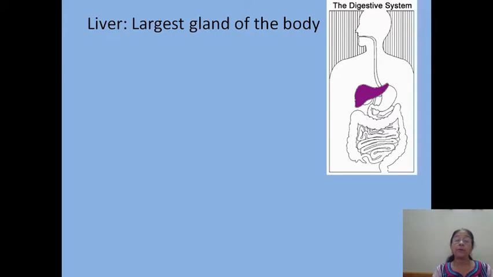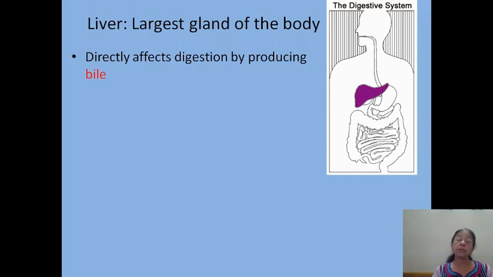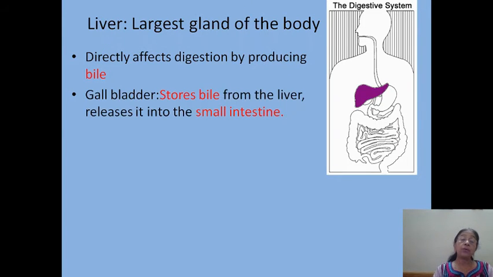The liver is the largest gland of the body. It directly affects digestion by producing bile. Bile is a light yellow fluid secreted by the liver, and it is stored in a small round organ called the gall bladder. Here it is shown. ये नीचे जो है वो gall bladder वाला portion है.